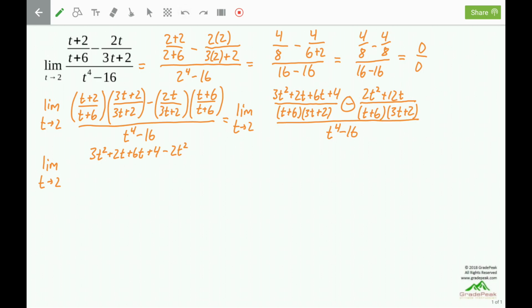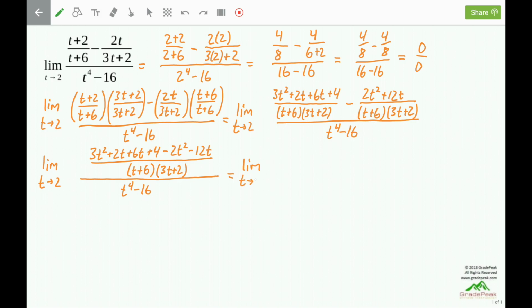So that's going to not only be a negative 2t squared, it's also going to be a negative 12t. All this over the common denominator of t plus 6, 3t plus 2, and then the entire thing over t to the 4th minus 16.